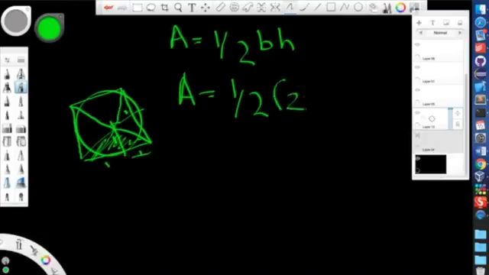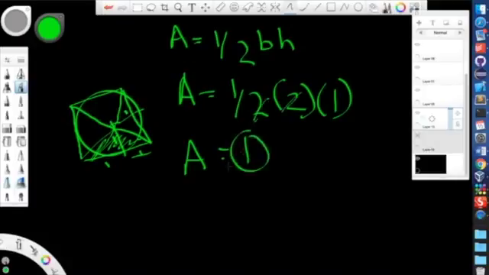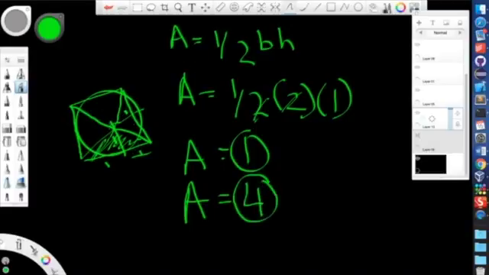The base would be 2, and the height would be 1. The area of one of these triangles equals, well, these 2's cross out, 1. The area of 4 of these triangles would be 1 times 4 is 4. So this circle is approximately, the area is approximately 4.